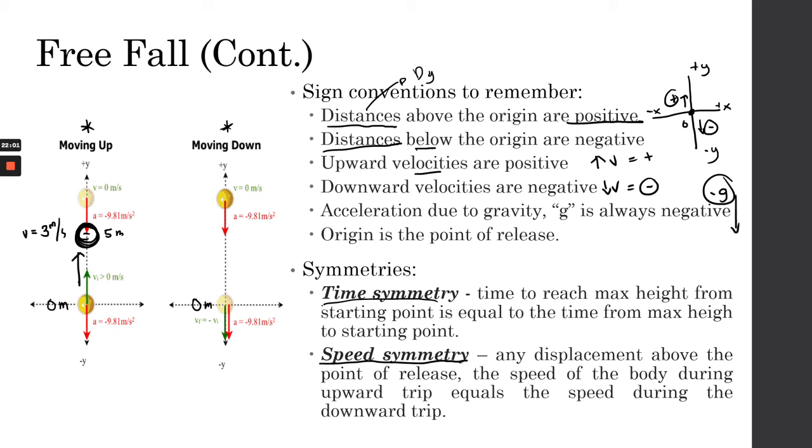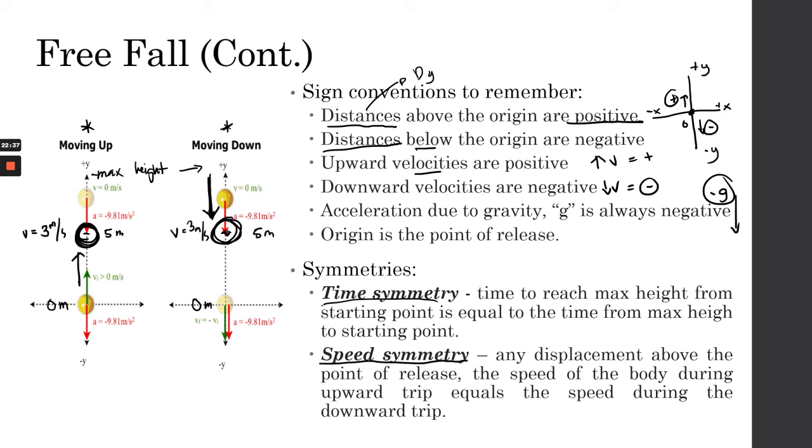So what happens then is when it goes down after it reached the maximum height, let's say it reached here, and then it went down again. When it reaches the same location at 5 meters going down, the velocity would still be the same.